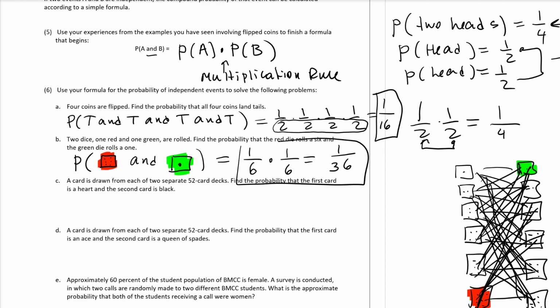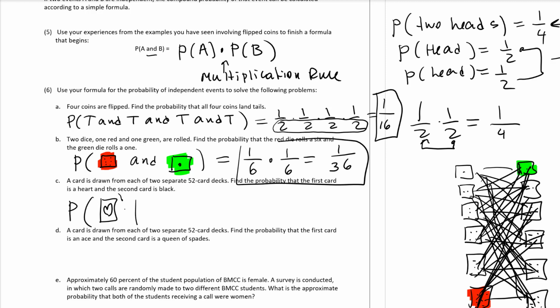A card is drawn from each of 2 separate decks. Find the probability that the first card is a heart and the second card is black.